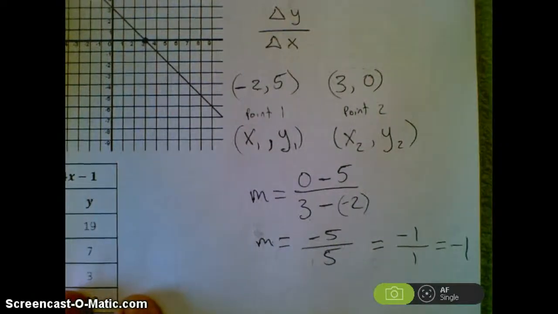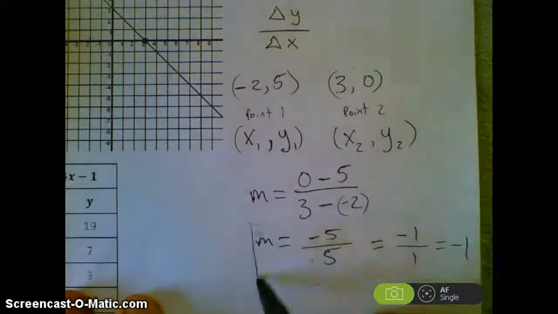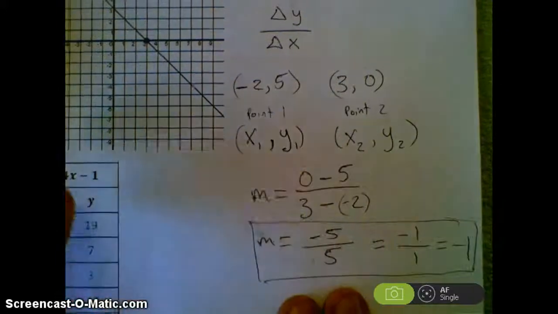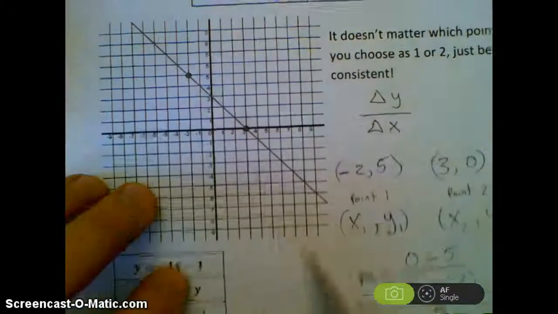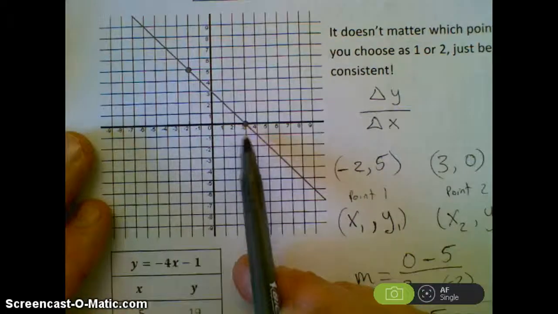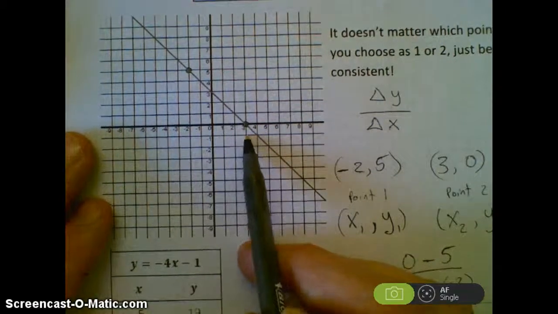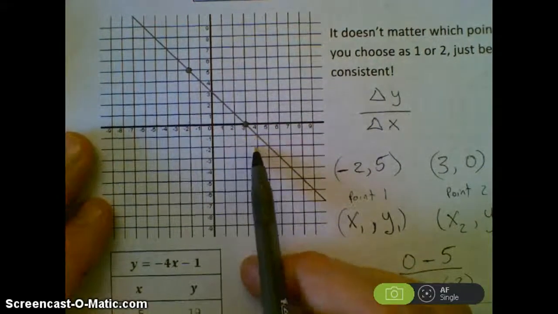So the slope is negative 1. Okay, so you can find the slope between any 2 points. Now you can see that the slope is -1. We just figured that out looking at the graph. Down 1 over 1. -1, +1. -1, +1.